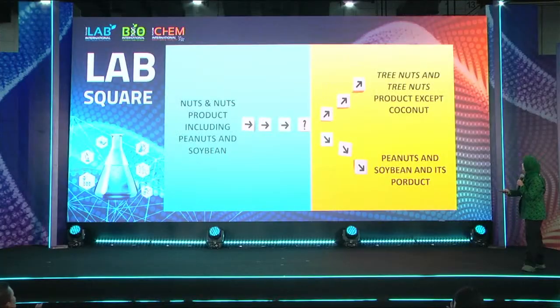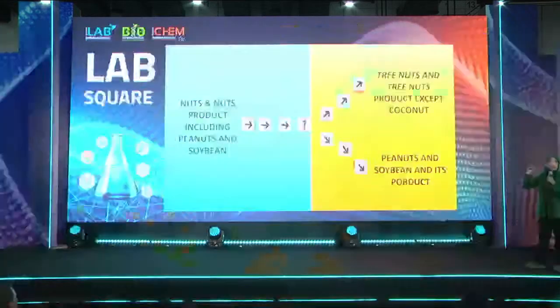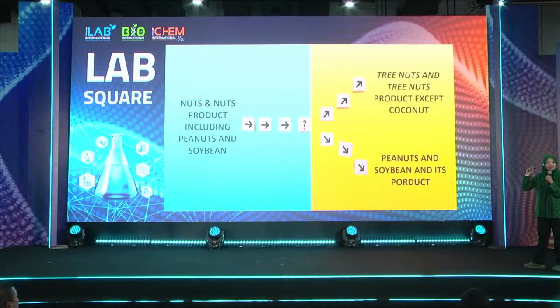So that's why, in the regulation right now, we amended our regulations into two food categories, two food ingredients. We divided nut and nut product into tree nut and tree nut except coconut, because coconut is part of the tree nuts but does not cause an allergy.